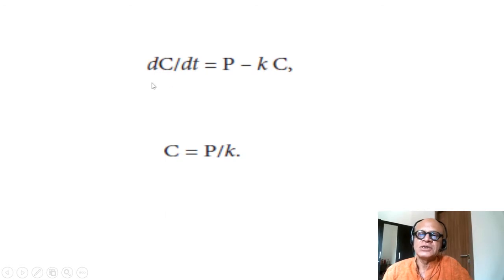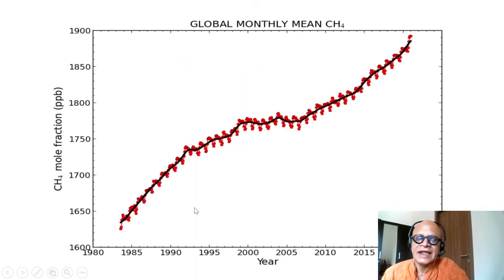And if we reach equilibrium, then basically the loss of methane would be equal to the production divided by this rate at which the concentration is decaying. It's a simple kind of solution.